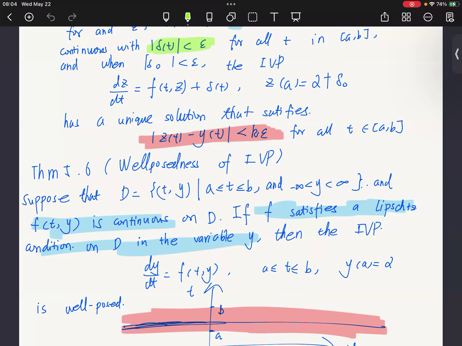In this assumption setting, the initial value problem is well posed. I draw the subset D here, an example of subset D, and it could be a long region on the plane. This gives uniqueness, existence, and small change under small perturbation.